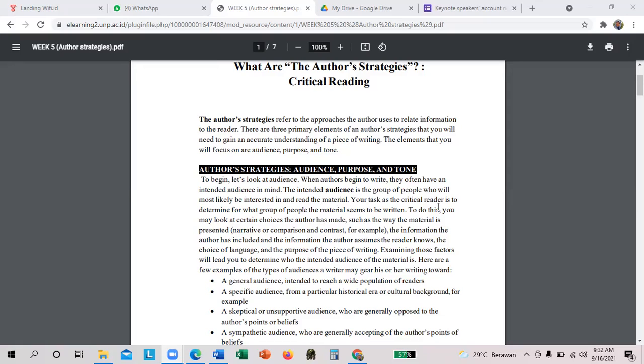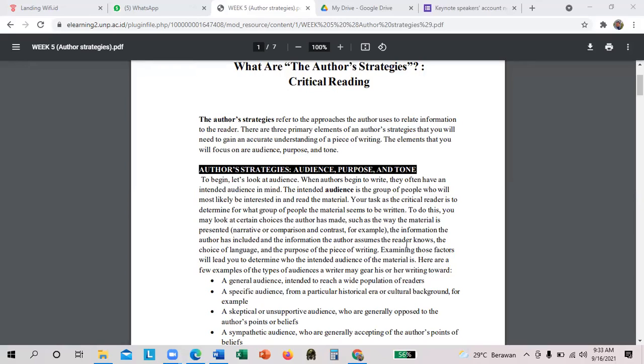Your task as the critical reader is to determine what group of people the material seems to be written for. To do this, you may look at certain choices the author has made, such as the way the material is presented, for example narrative, comparison, contrast; the information the author has included and the information the author assumed the reader knows.